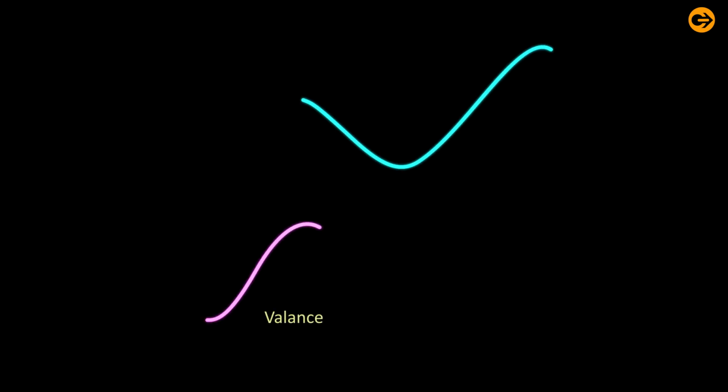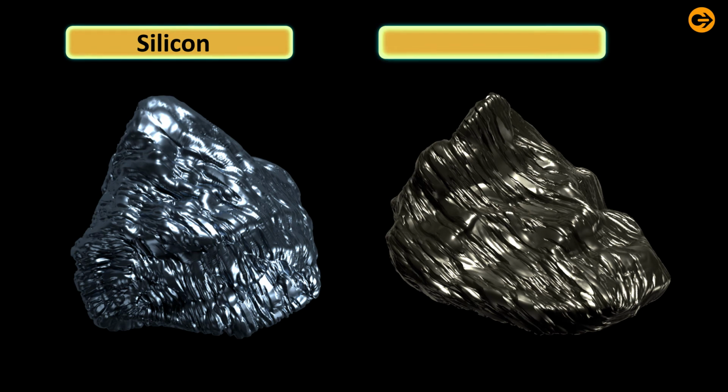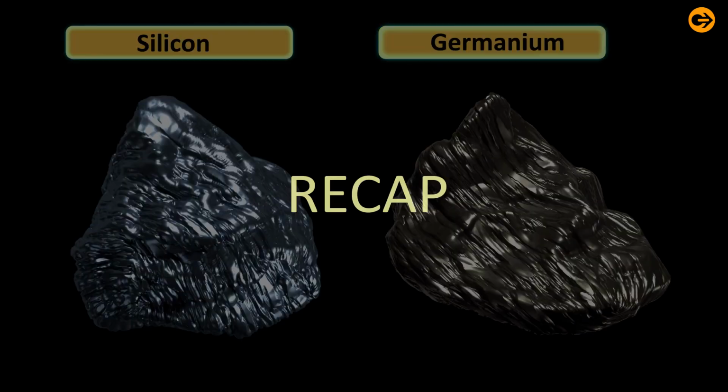To excite an electron from the valence band to the conduction band, phonon assistance is required here for conservation of electron momentum. For example, silicon, germanium, etc.